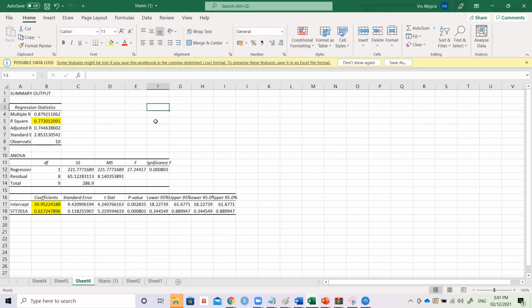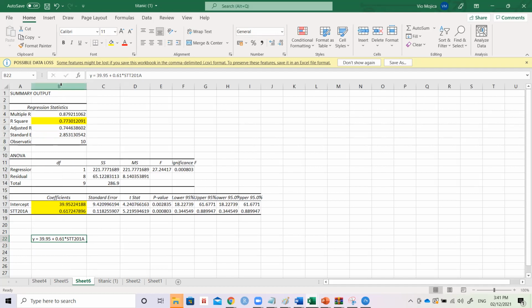So first off, suppose we want to predict Stat 203 from Stat 201 grades. These are the coefficients, or the so-called regression coefficients, meaning we want to predict Y, Stat 203. Then the functional relationship is going to be 39.95 plus 0.61 times Stat 201. Ganon siya. So we have successfully built a functional relationship, a function which predicts Stat 203 from Stat 201 grades. So this is it.